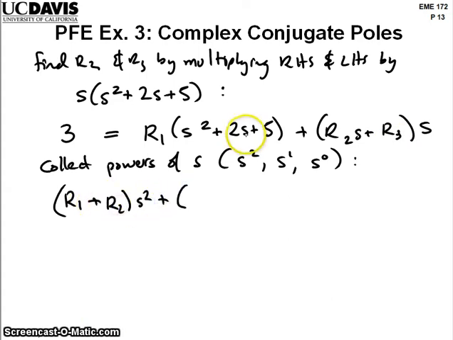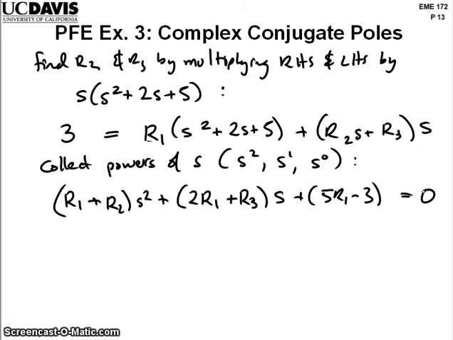Then in terms of things that are multiplying s, I've got 2R1 and I have an R3, so I get 3. And then the s to the 0, so there's basically no s's here, I've got 5R1, and minus 3 when I shift it over. 5R1 minus 3 equals 0.